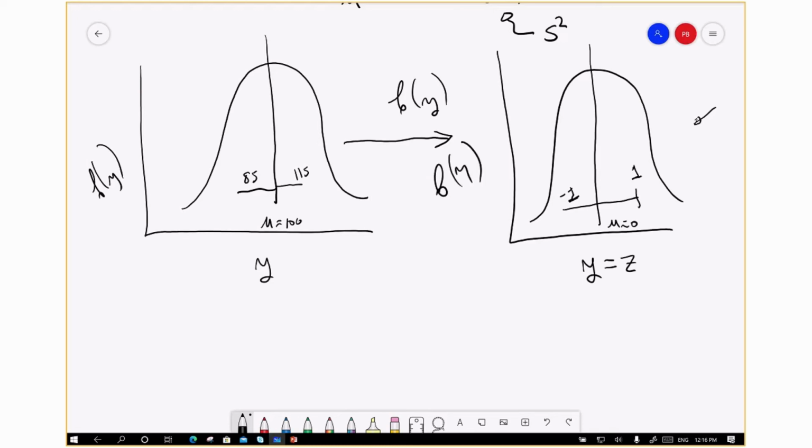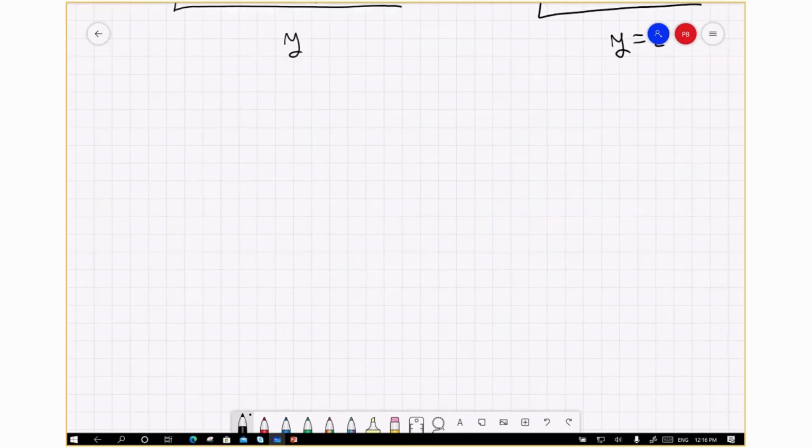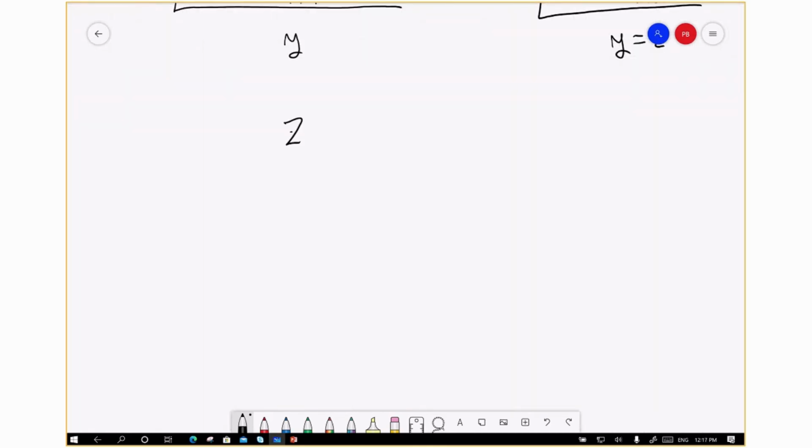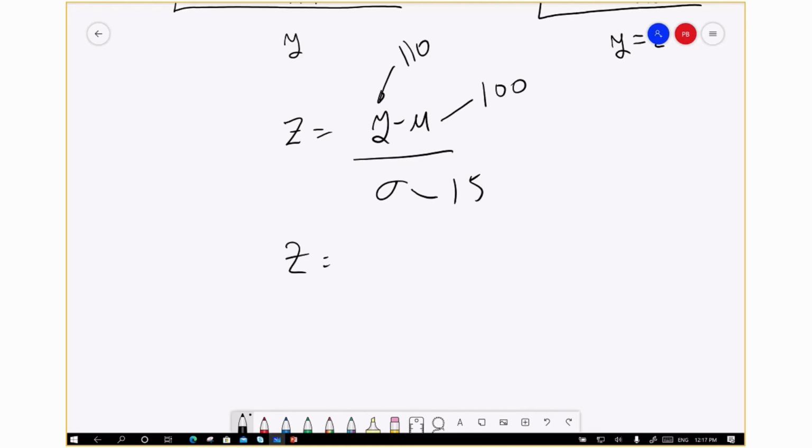And the formula for z, which is going to become really important when we try to solve problems, is that z is calculated by taking y minus mu, and dividing by sigma. So, for example, if we had a normal distribution with a mean equal to 100 and sigma equal to 15, and we had a y value that was equal to, let's say, 110, then the corresponding z score would be equal to 0.667.